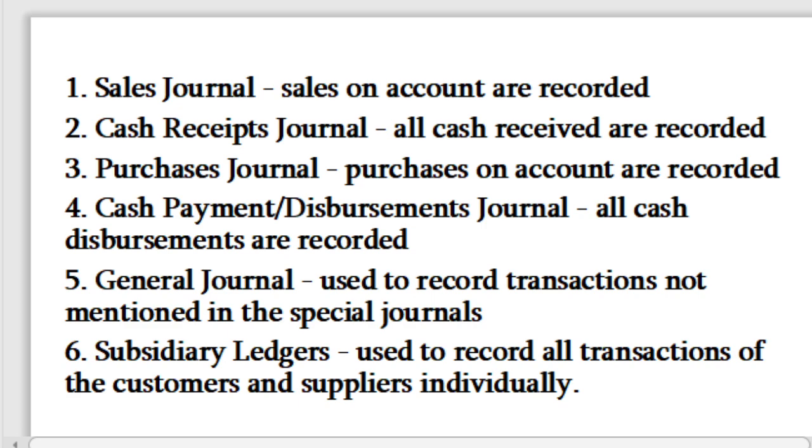Dun sa general ledger natin, nandun na lahat ng accounts receivable and accounts payable. Pagdating sa subsidiary ledgers, nandito yung per customer, like customer A, or per supplier: supplier A, supplier B, supplier C. Mas detalyado yung information na makikita natin dito sa subsidiary ledger.